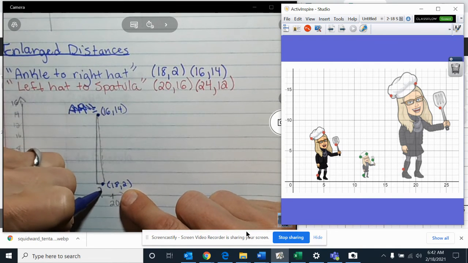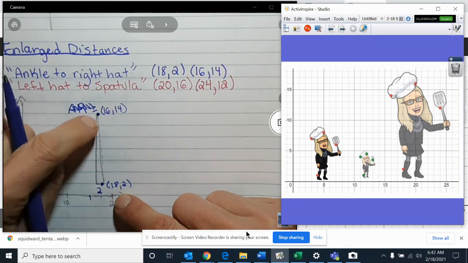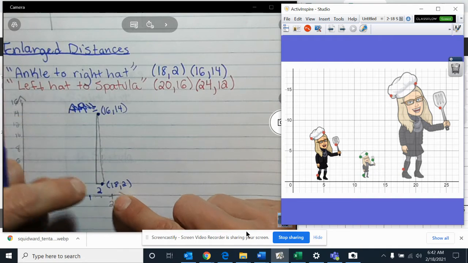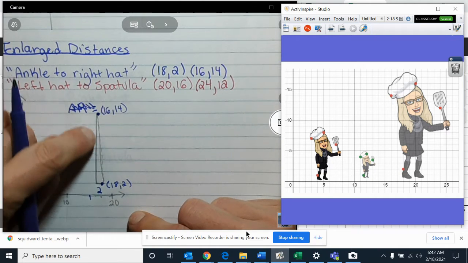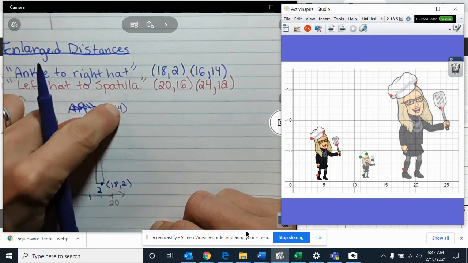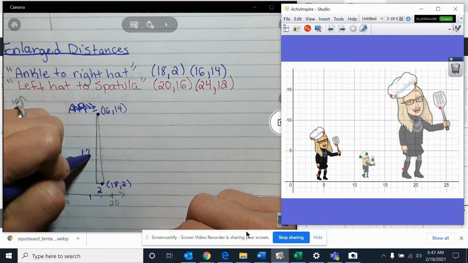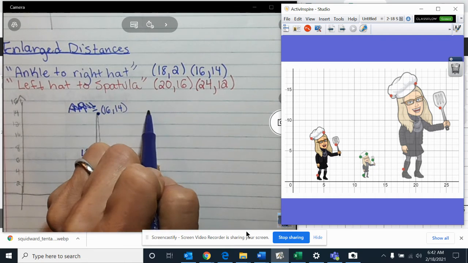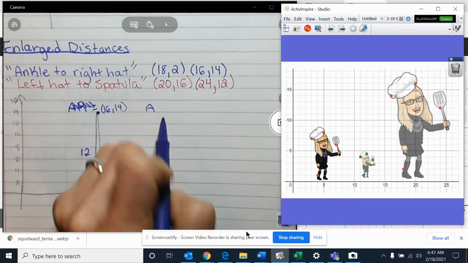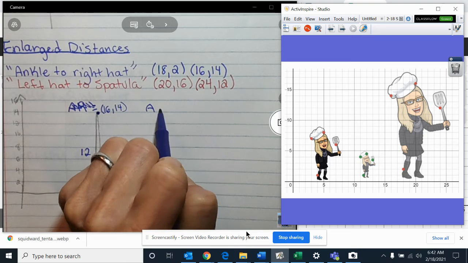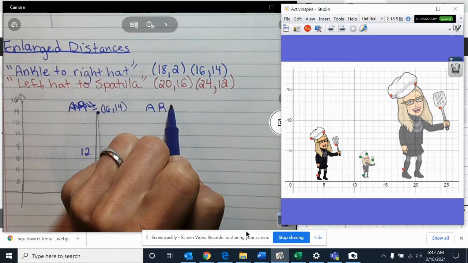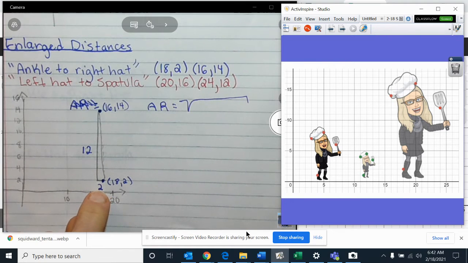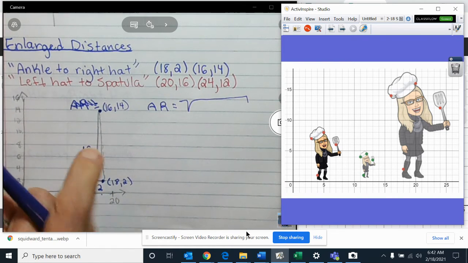Notice that there are 2 spaces on the horizontal from 16 to 18. But then vertically, we start at 2 but go up to 14. So there's 12 spaces there. Remember, this is your enlarged figure, so we should expect big distances. So the ankle to the right hat will be equal to square root of 2 squared plus 12 squared.